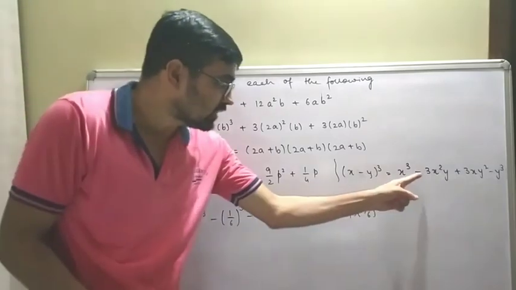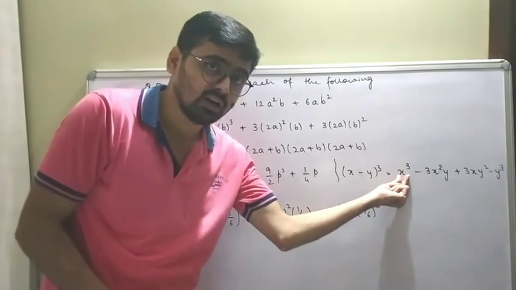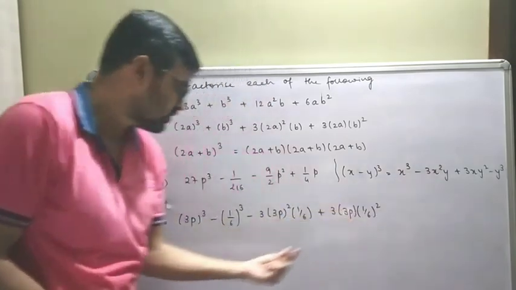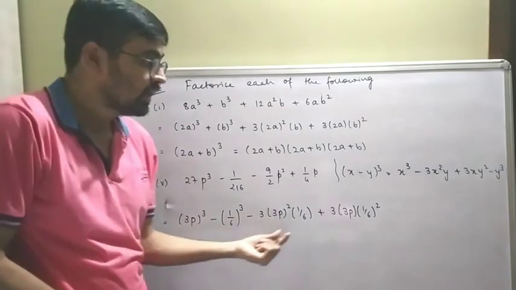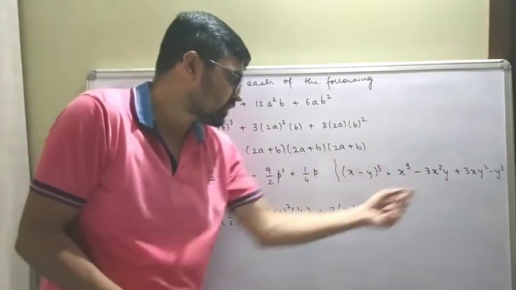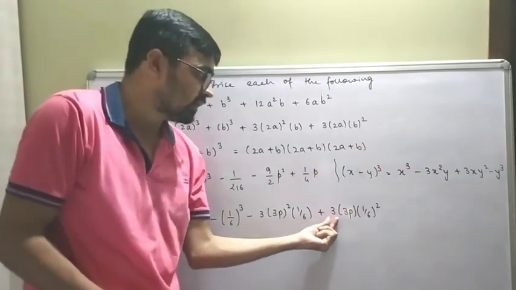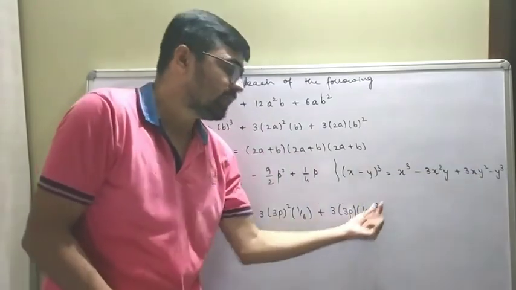Correct. Now look at the formula. 3 times x square. So whatever the x is here, that square I am supposed to write. Look at what I have taken as x, 3p. So I will take 3p square. Then look at what I have taken as y, 1 by 6. So here also I will put the y, 1 by 6. Again plus 3 times x, 3p, y square, 1 by 6 square.